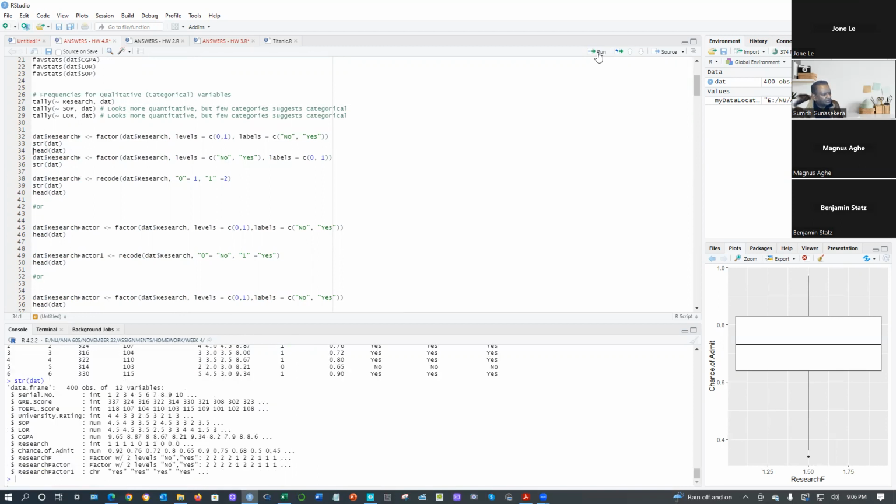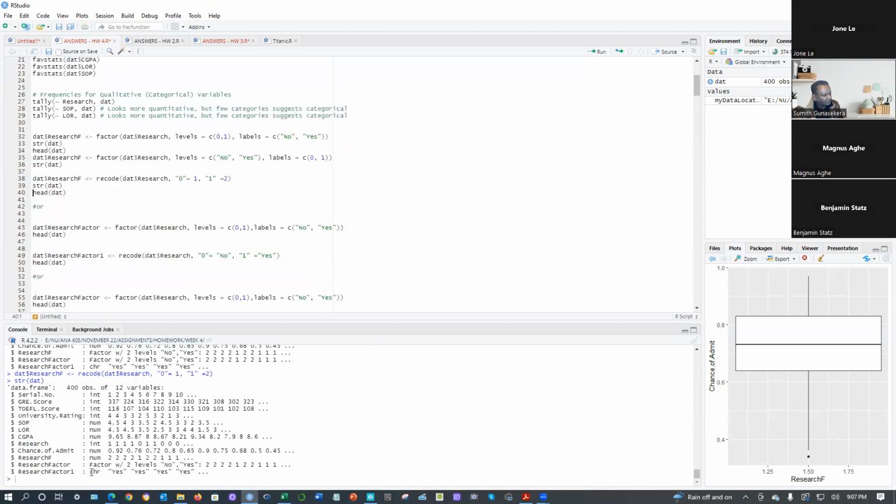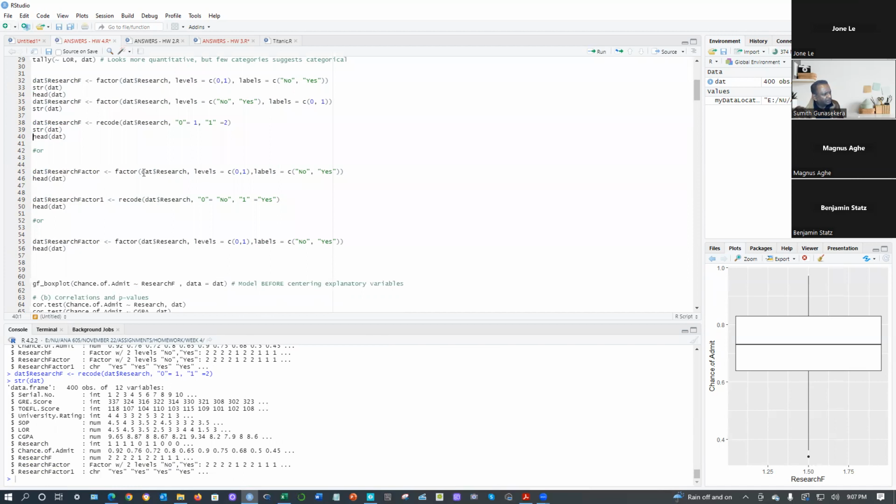See, research F. If you have an OES, you can put it back into this one, and then 0 and 1 recode: 0 replaced by 1, 1 replaced by 2, if you want, you can do right there. Then we factor it this way, 0, 1.